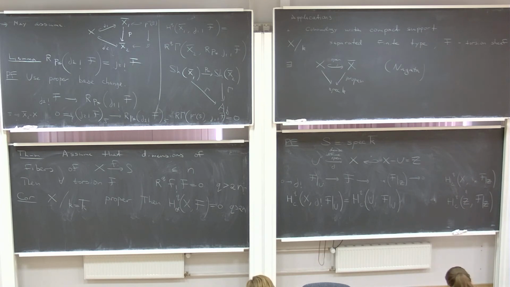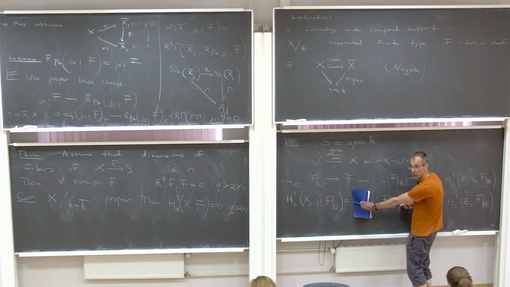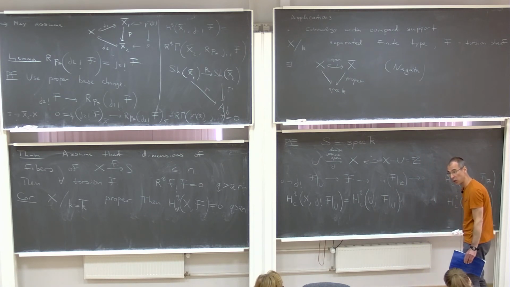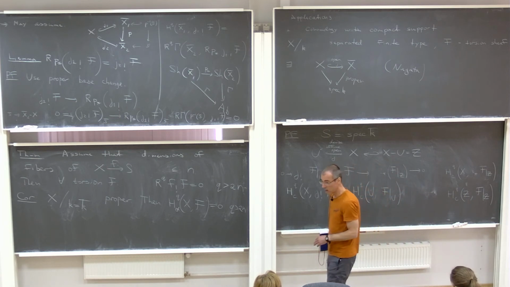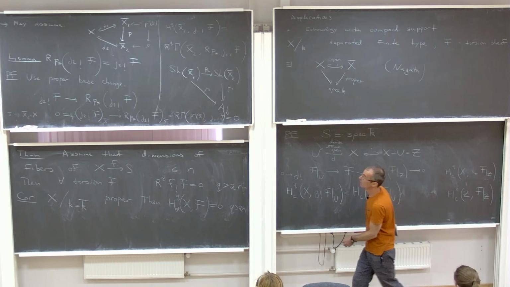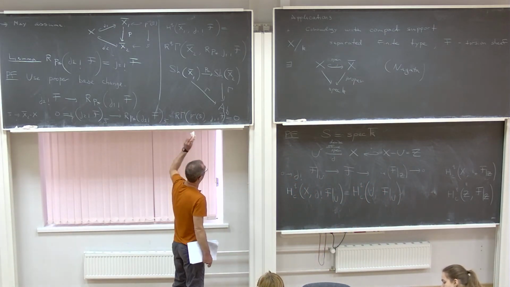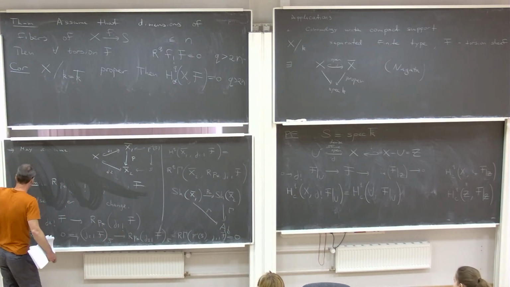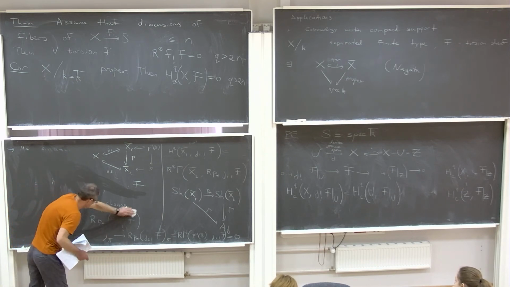So we reduce to showing vanishing of these groups when q is large enough, greater than twice the dimension of U. And so here, U is affine, and it's easy to fibrate in curves.